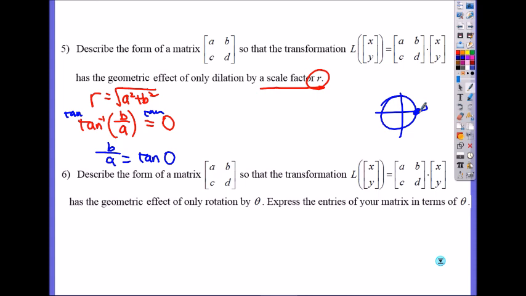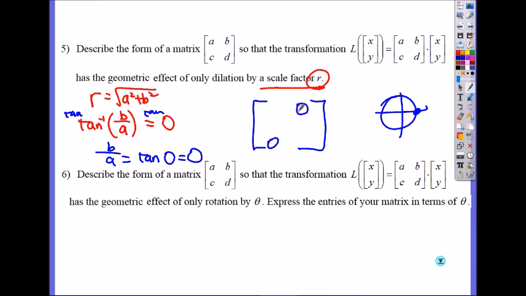Sine is 0, cosine is 1, so it is 0. If b over a is 0, which value can be determined? b is 0. So remember, it must be a, b, negative b, a. b is 0, and negative b is still 0.